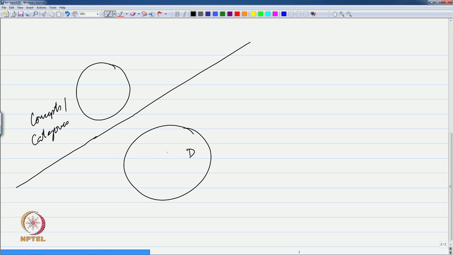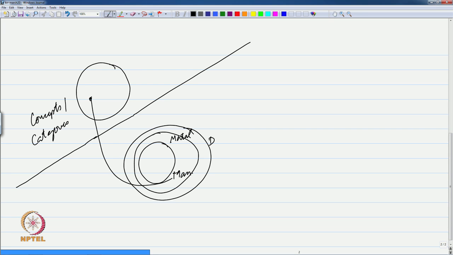For example, there is a subset of the domain which is called man, and another subset of the domain which we will call mortal, and these would map to concepts in the set of concepts.